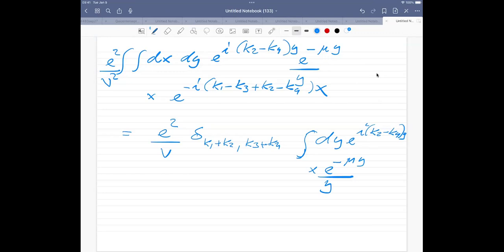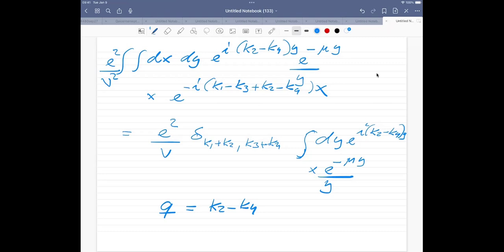So if I then redefine a term which I call q here, which is k2 minus k4, then the integral which you see here is actually a famous integral which we can evaluate because we have this screening factor μ, or damping factor or convergence factor, whatever we might call it.